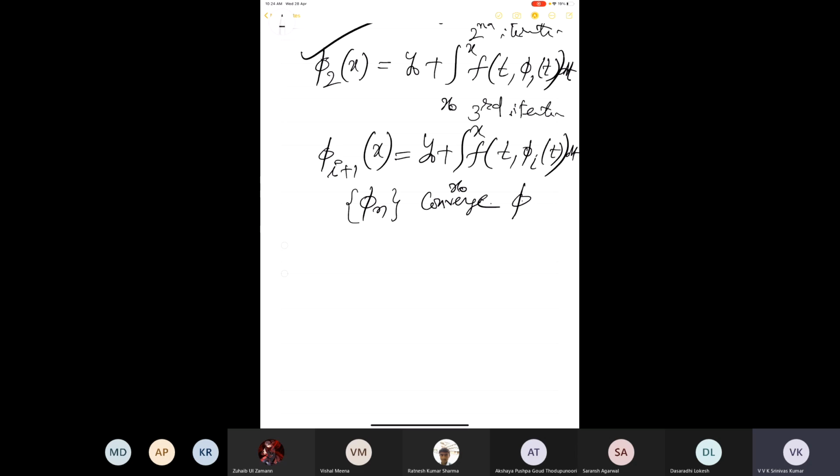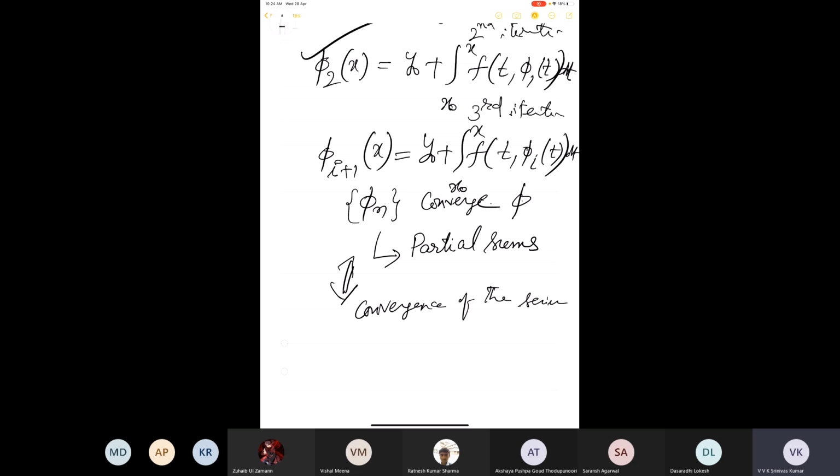These are the partial sums, and we know that convergence of the sequence of partial sums is equivalent to convergence of the series.